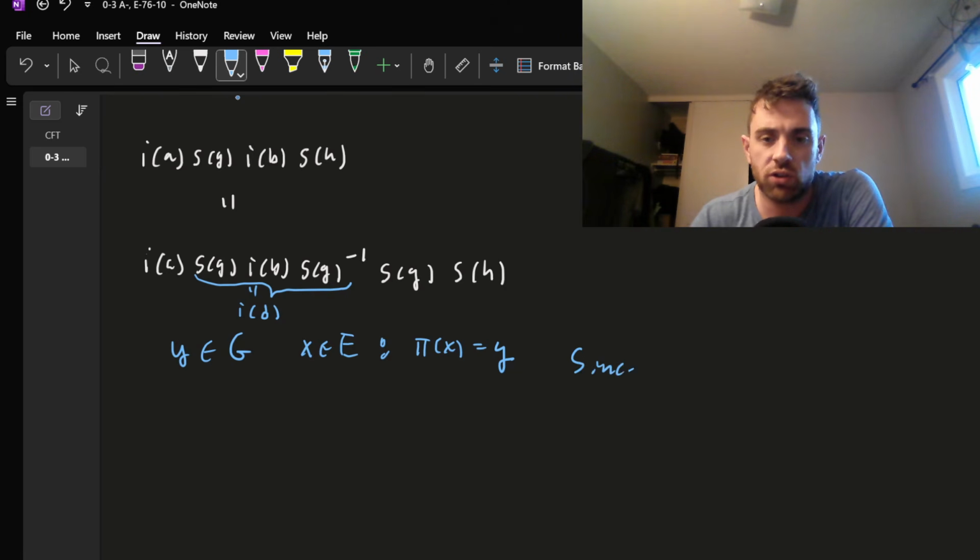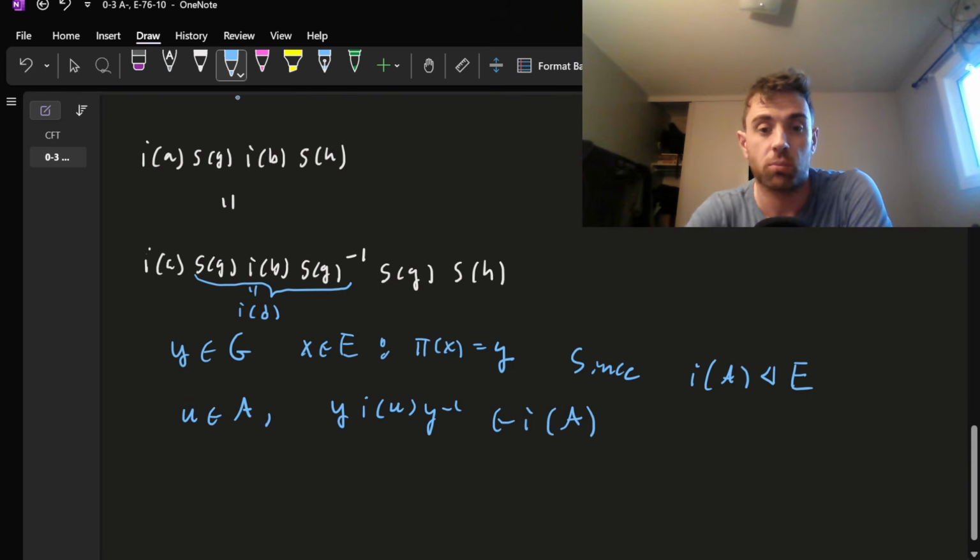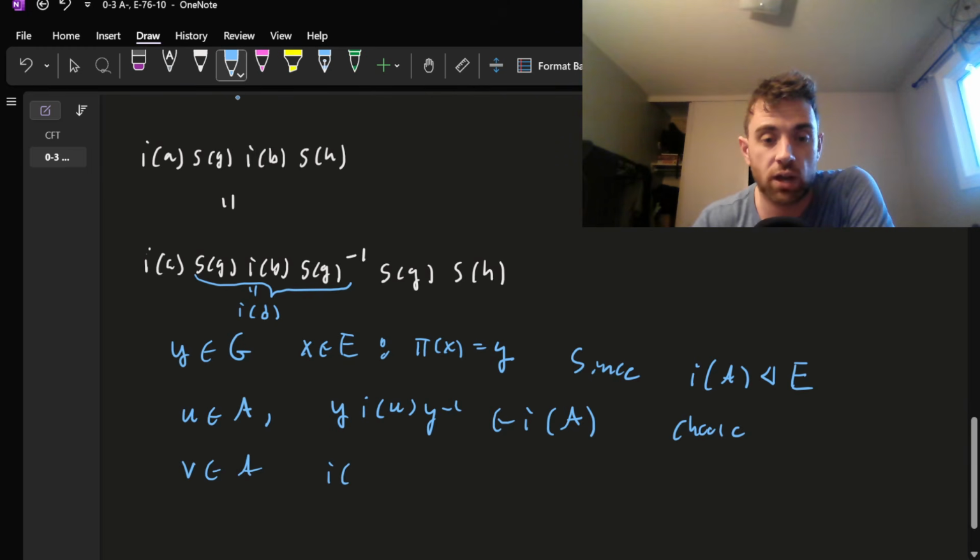Well, since the image of A under I is a normal subgroup of E, we know that for any U in A, y I(U) y inverse is going to be back in A, right? Because it's a normal subgroup. So that means we can choose a V in A such that I of V is equal to y I(U) y inverse.